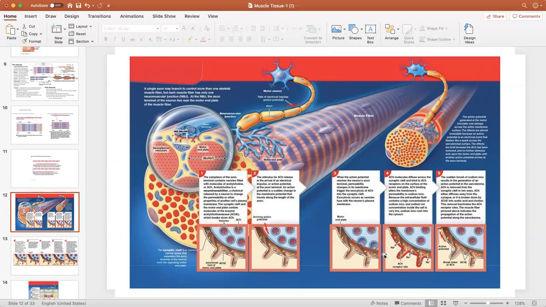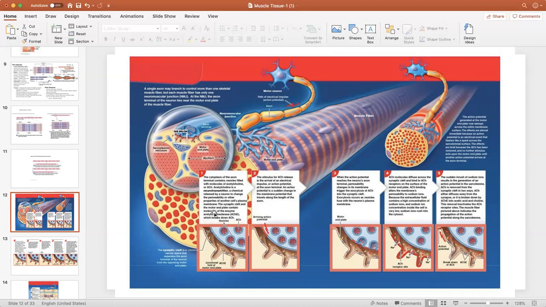As it reaches the synaptic cleft, it then finds the acetylcholine receptors. When it binds to these receptors, it allows sodium to rush in and can cause the propagation of this action potential down the sarcolemma of the muscle fiber.